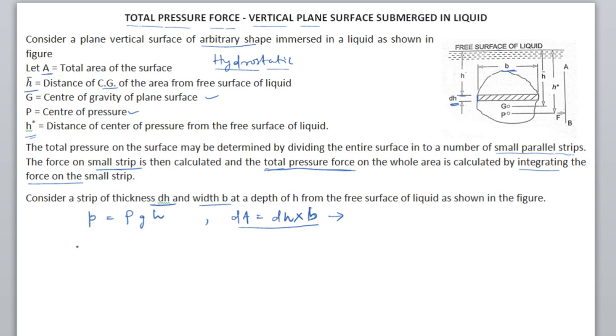So what will be the force? We know that pressure is equal to force per unit area. So force will be pressure into area. This is a generalized formula.